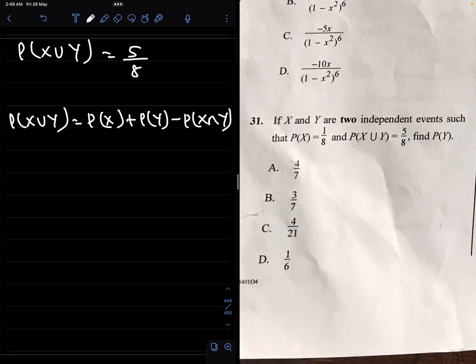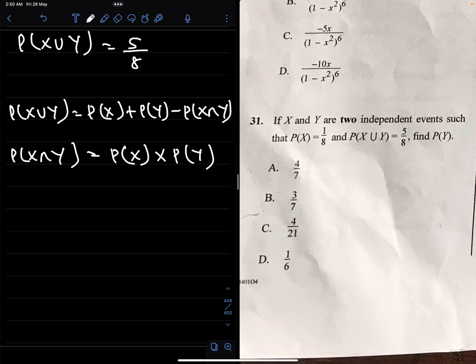If the events are independent, P of x intersection y is the product of the probability of x and the probability of y.